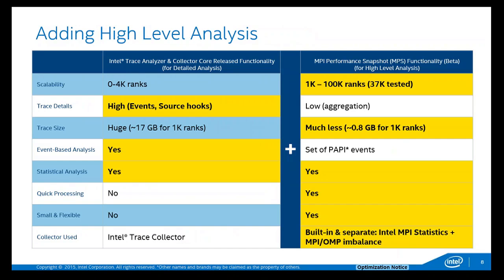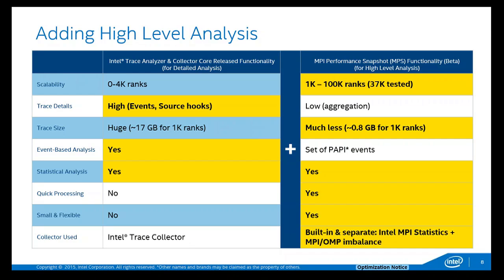Here's just a high-level comparison between the tool that you might be familiar with already, or in general profilers for MPI applications. Scalability tends to be fairly limited. I know with the Trace Analyzer and Collector, we've done some testing at about 4,000 ranks, and it ends up gathering too much information for us to really make sense of.